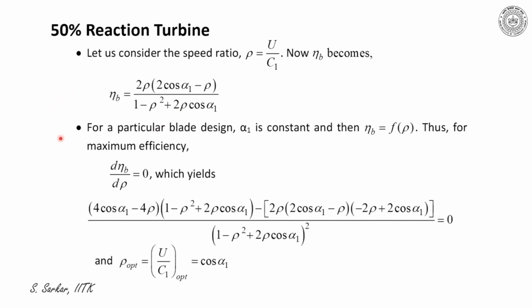For a particular blade design, alpha 1 can be treated as constant, and thus blade efficiency is a function of rho.